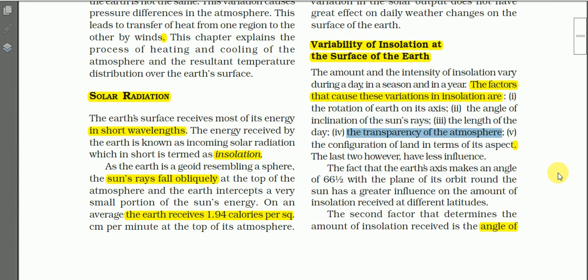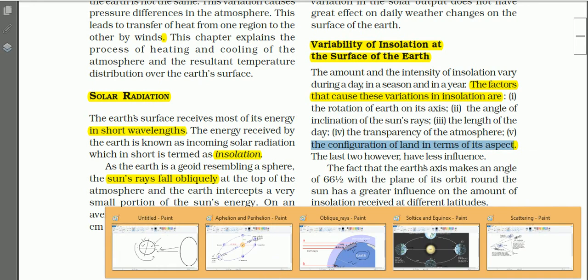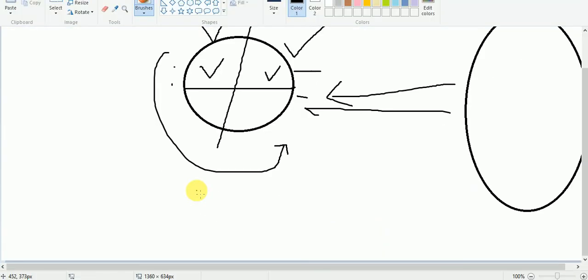And the last one, number 5, the configuration of land in terms of its aspect. Aspect means the direction of the slope. This one I have explained to you many times, and about mountain ranges also.